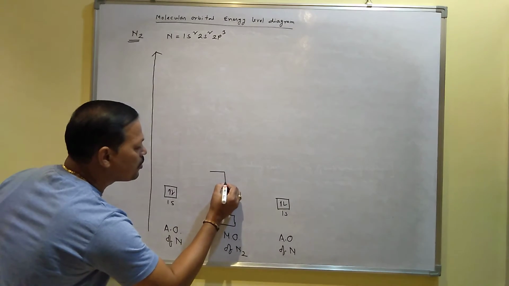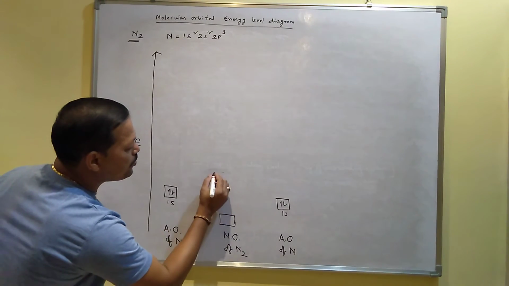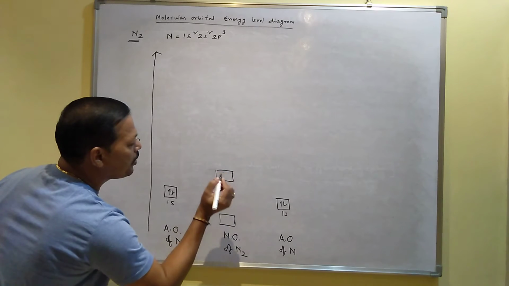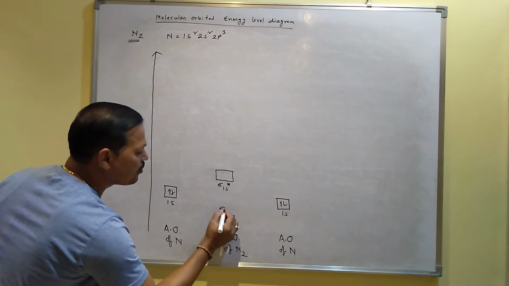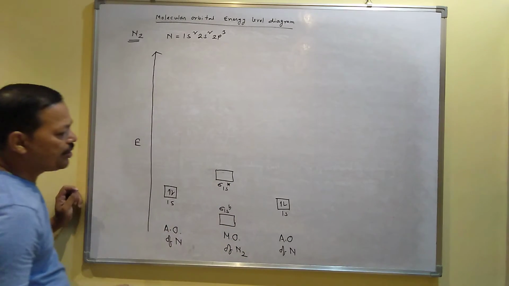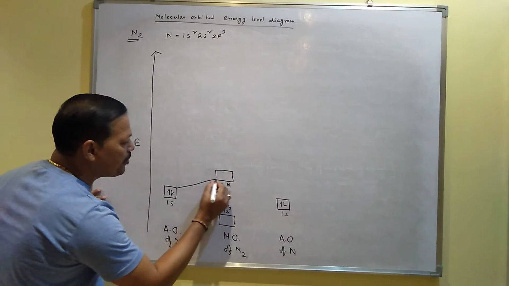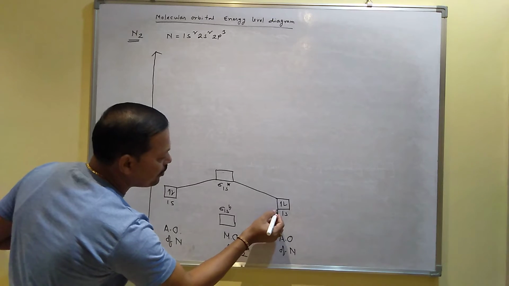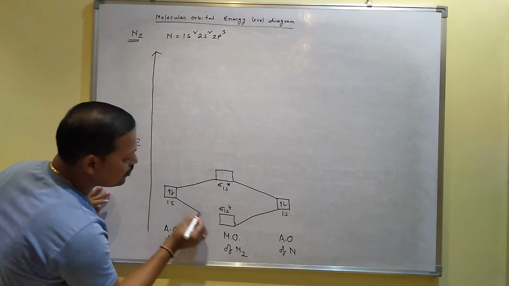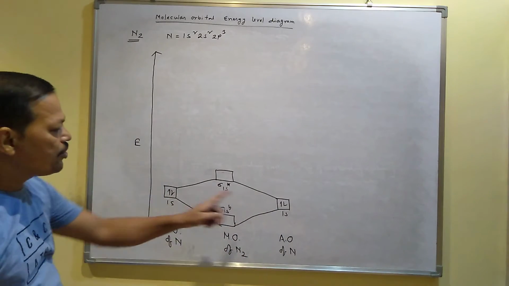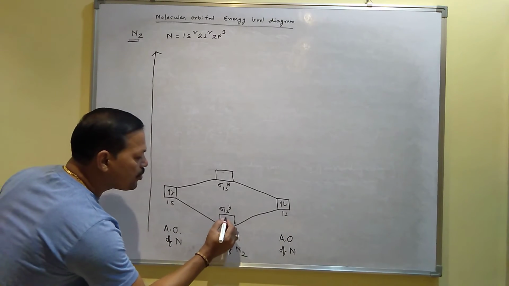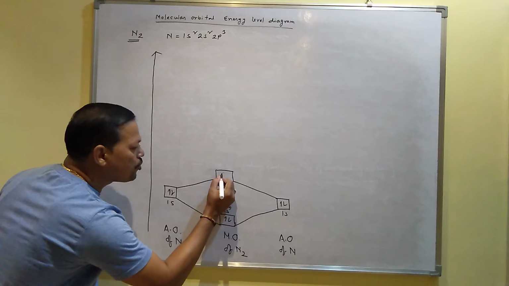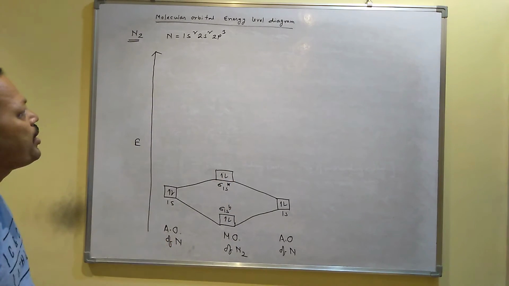One is called sigma 1s bonding, another is called sigma 1s anti-bonding. These two are formed by the combination of these two 1s orbitals. Here 2 electrons, here 2 electrons, total 4 electrons. So 2 electrons should be in bonding, another 2 electrons should be in anti-bonding. So this is for 1s.